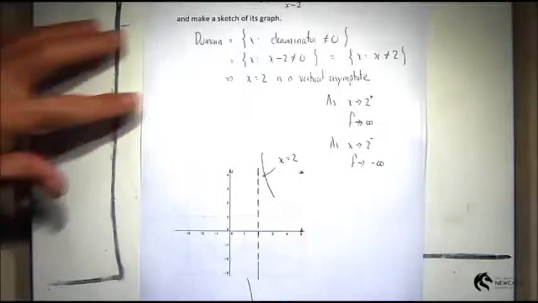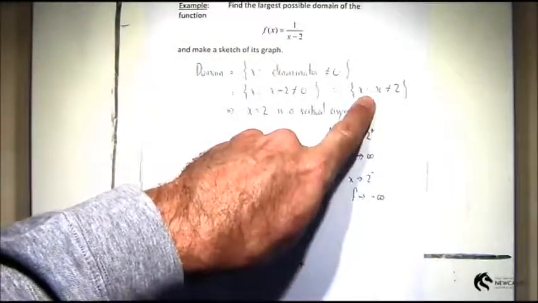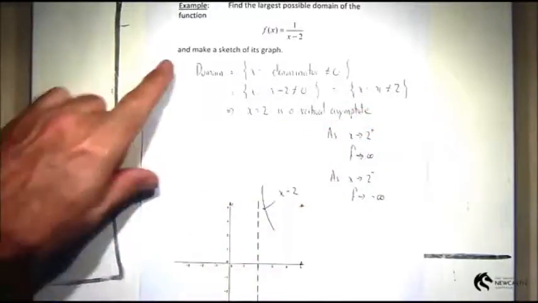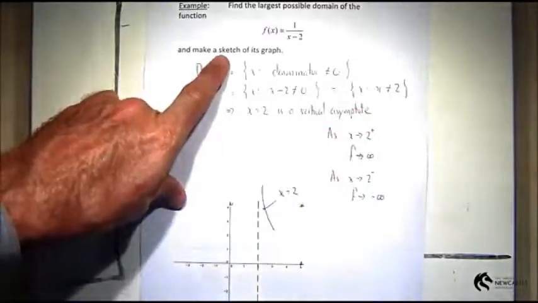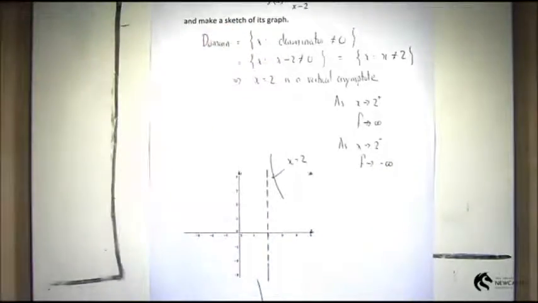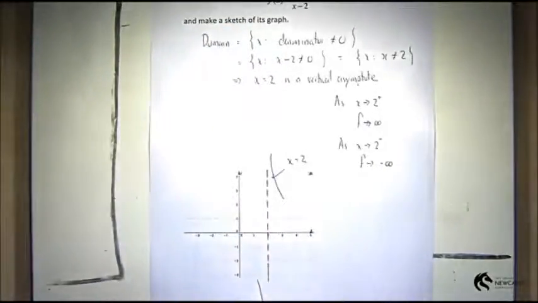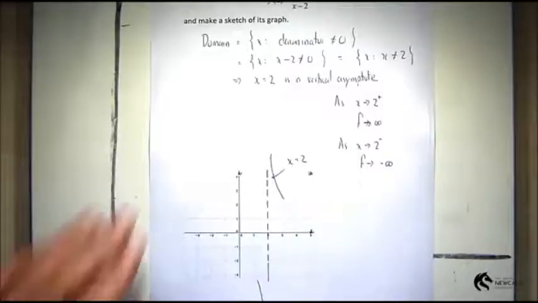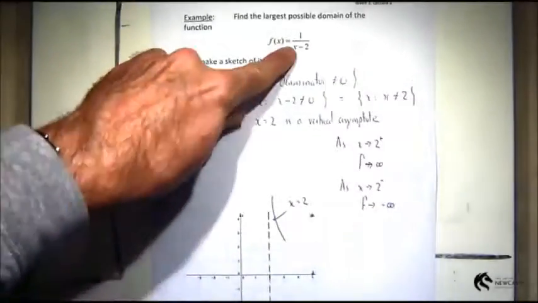So I found the domain, that was good, right? There it is. Set of x values not equal to 2. So the difficult part here is, what does that mean, sketching its graph? What else can I do to try and get an idea of what this graph looks like? Well, I can certainly find the y-intercept because I can put x equal to 0.